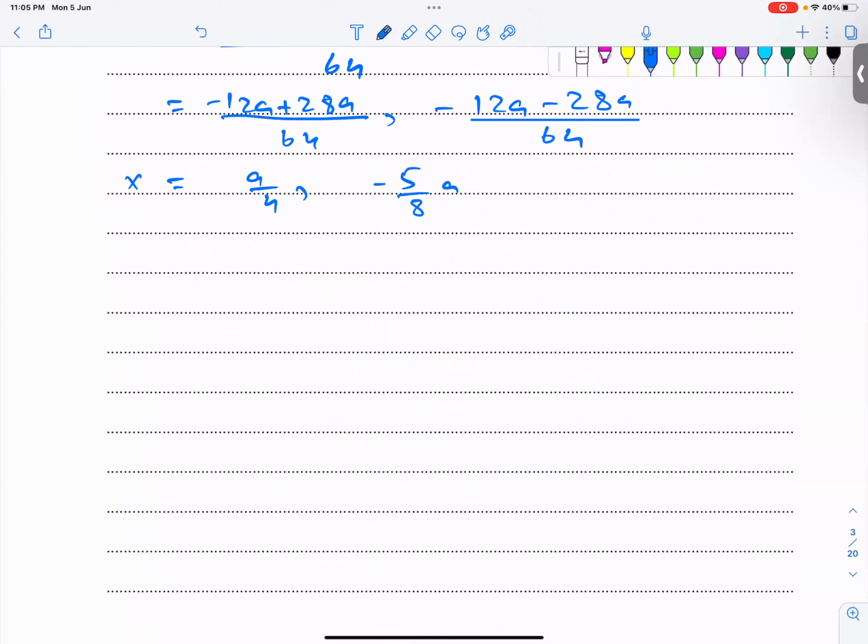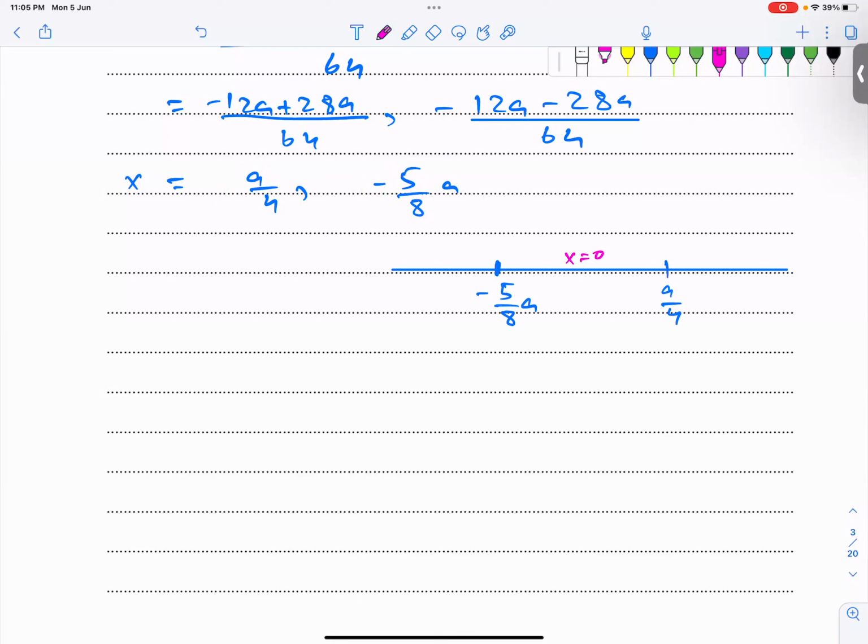In order to take the test point, you will actually draw these values of x. As a is positive, this value will be negative because it has negative with this, and a over 4 will be positive. So when I plot this value on the real line, I will mark 5 over 8 a first and then a over 4. So now we can check x equal to 0 because it lies between negative and positive.